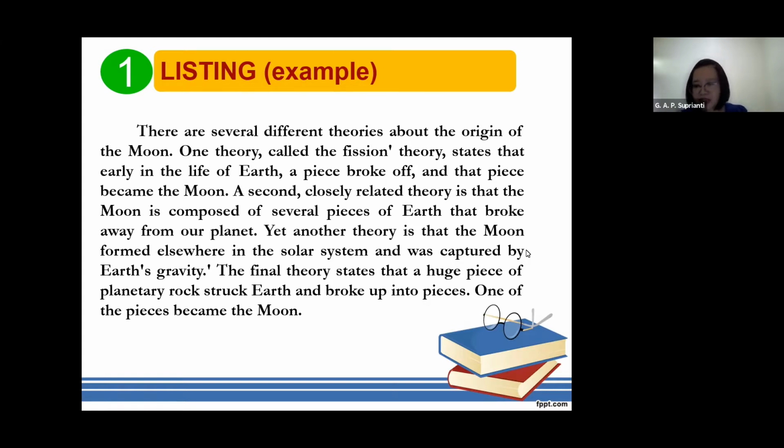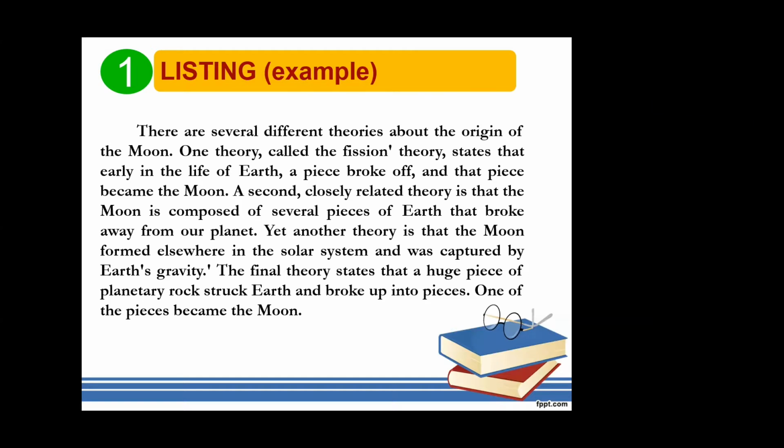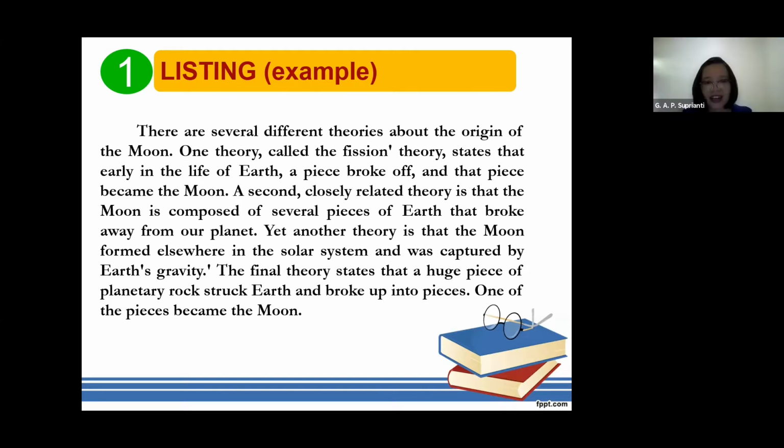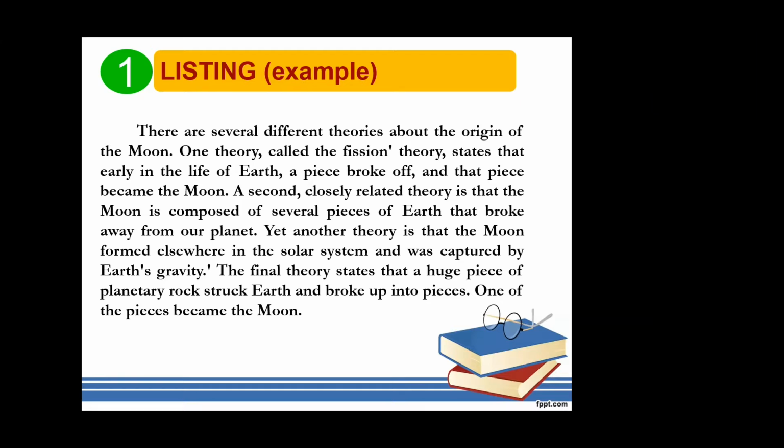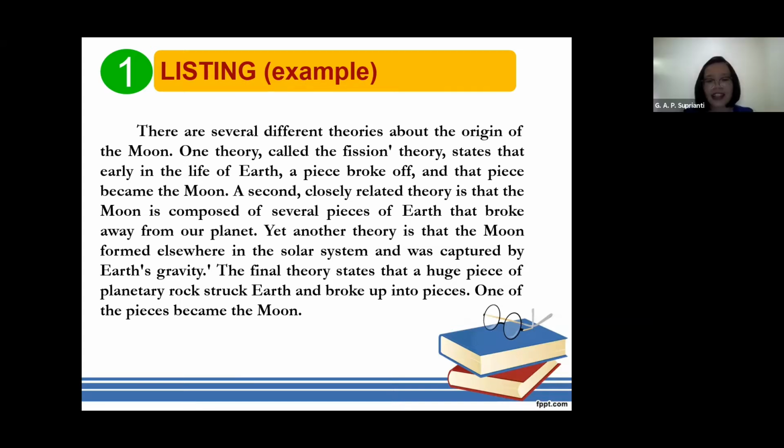Now I need to listen to Dwi Antara. Are you here? Yes, Miss. We need to find out how many theories there are about the origin of the moon. Would you like to mention the first one? Okay, Miss. Katanya tadi ada banyak, there are several different theories.